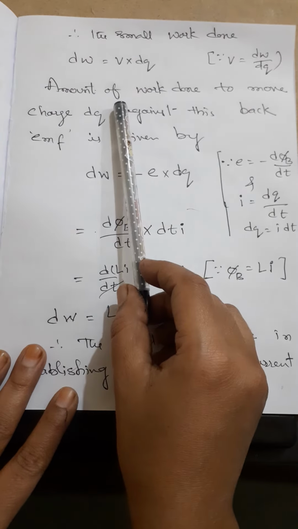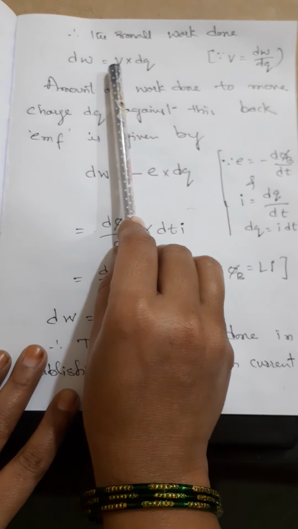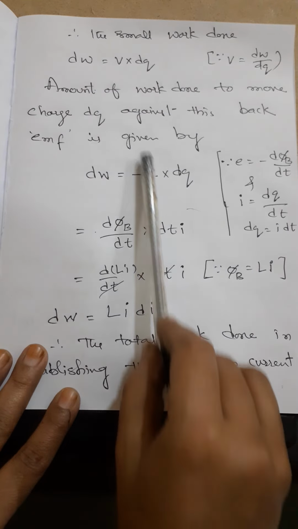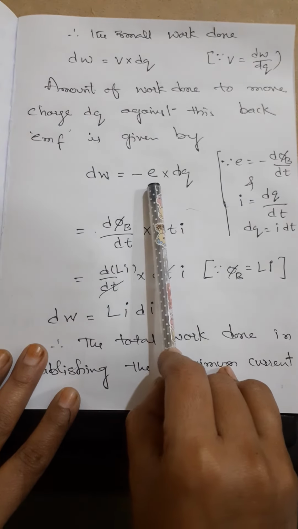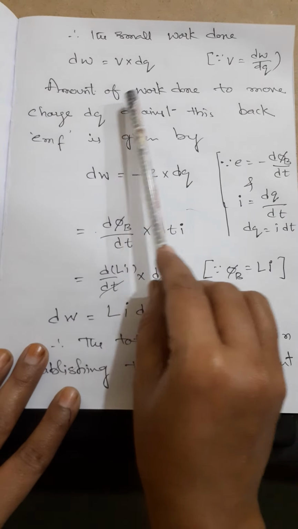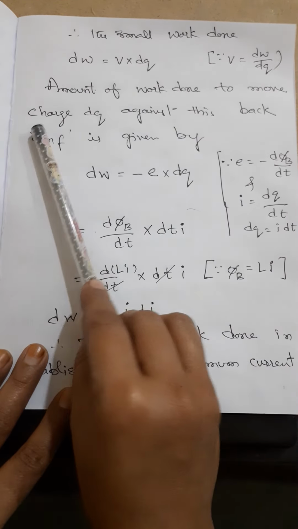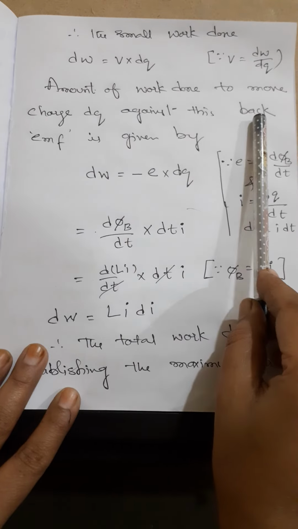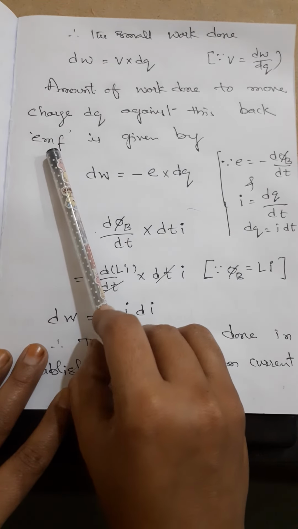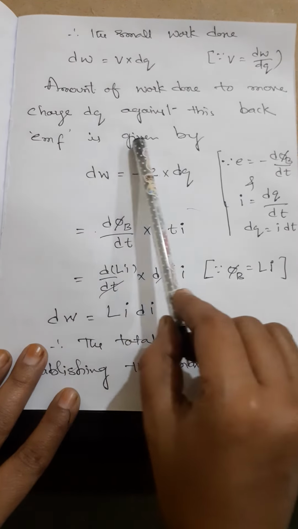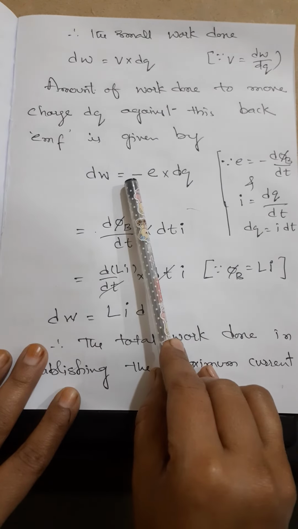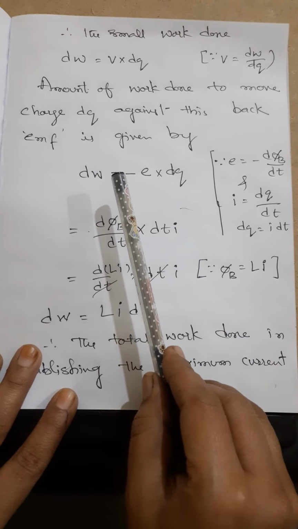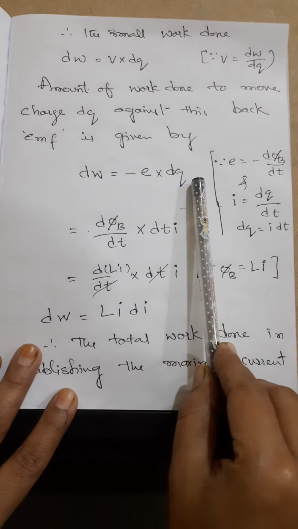Now we are introducing V in terms of electromotive force E. This can be written as the amount of work done to move charge dq against this back EMF. So against the back EMF, dW is equal to minus E into dq, where we introduce the minus because it is against the EMF.